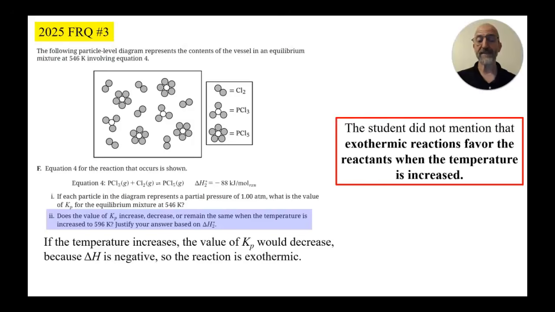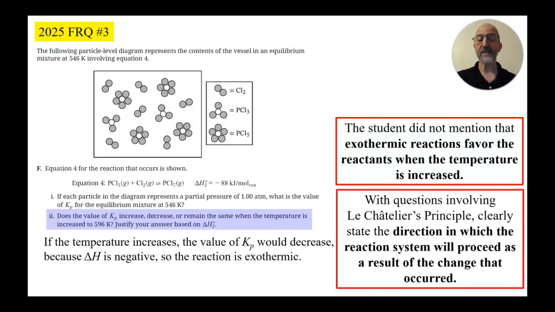So if you're not sure what they did wrong, if you are talking about a shift either to the left or to the right, then that would be very important to mention. And the student did not indicate the following. Exothermic reactions will favor the reactants, as in there's a net conversion from products to reactants when the temperature is increased.